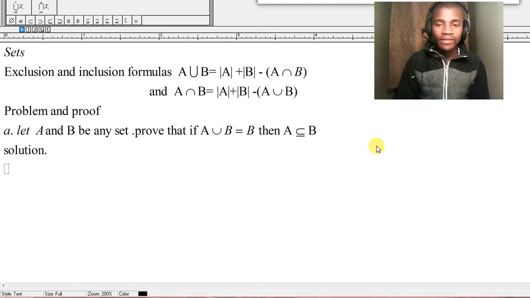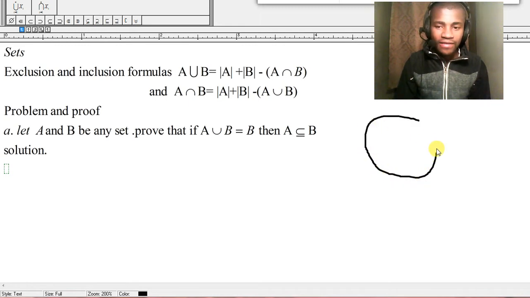If you are having a set, let's say this is a set, let's refer this example to the problem that we are given.